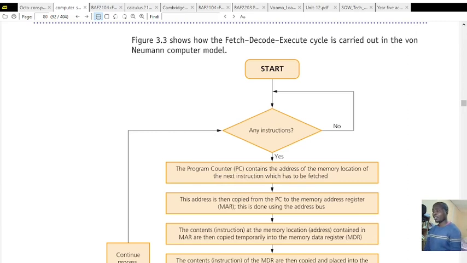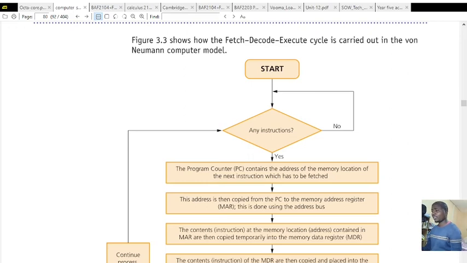The instruction is finally decoded and then executed, by sending signals through the control bus to the various components of the computer.